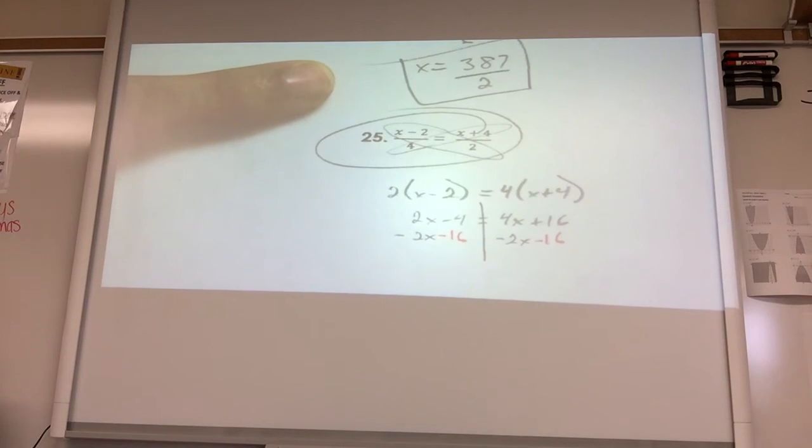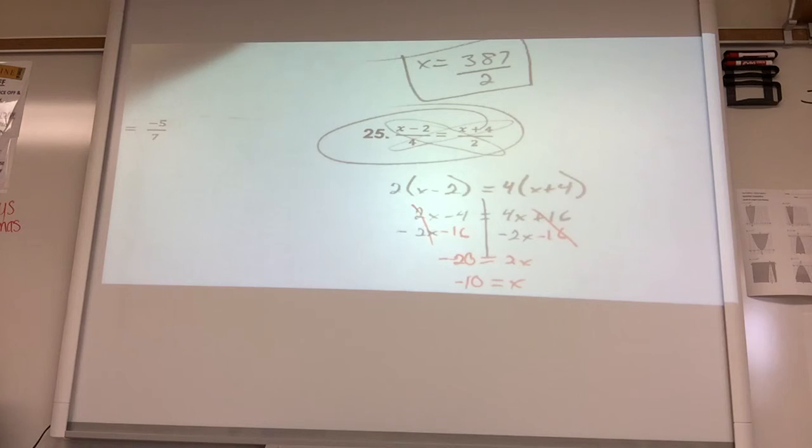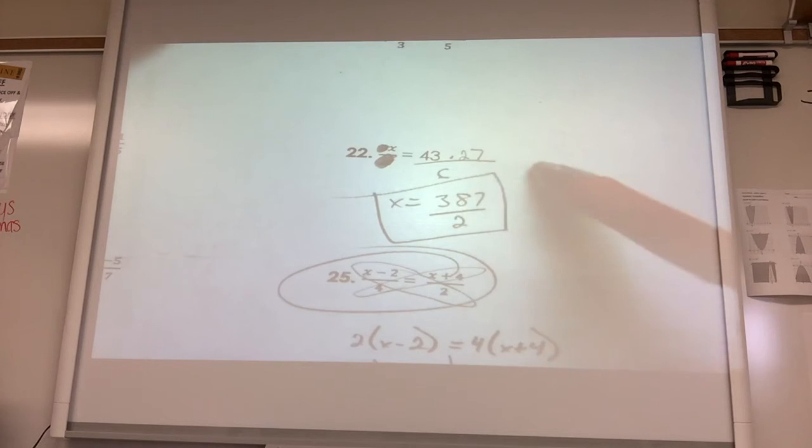So what you're going to end up getting is this cancels with that. 4x minus 2x, that's going to be 2x, equals 2x cancels with 2x, negative 4 minus 16, negative 20. Divided by 2, x equals negative 10. That one is a little bit tougher. That one I understand you guys not being able to do or be confident on. This, you really should be confident about that.